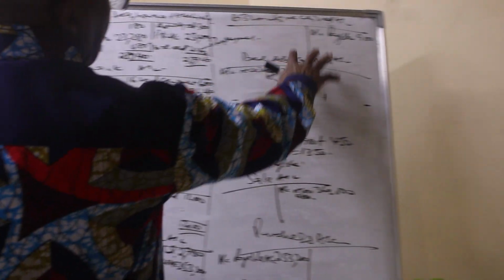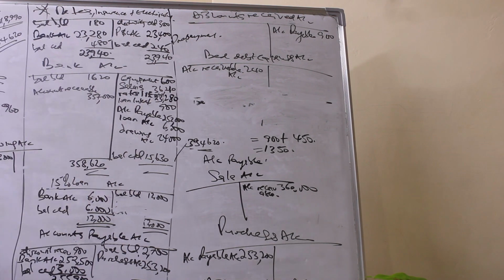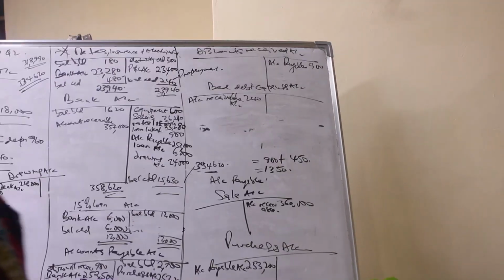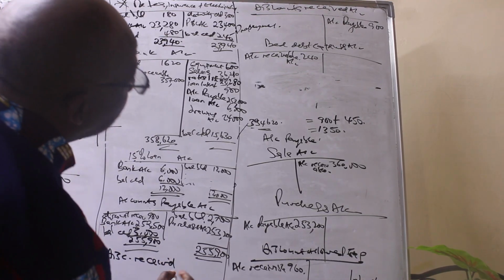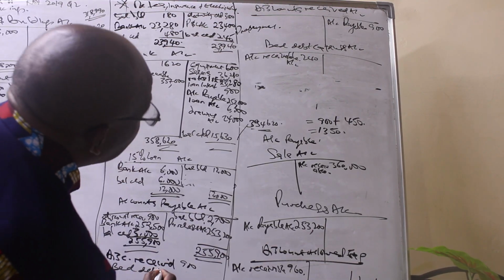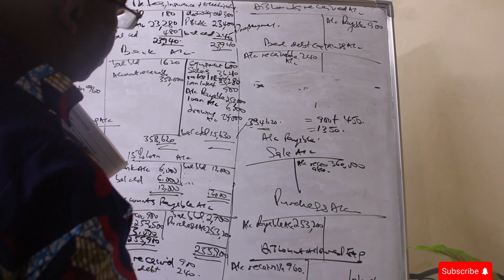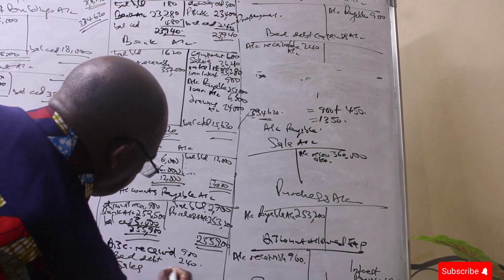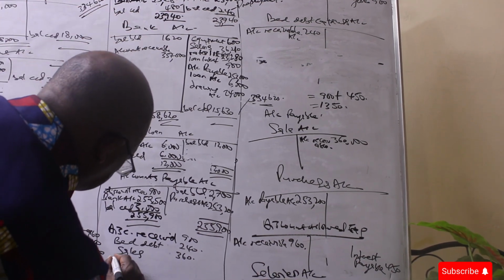So I want to capture these balances here so that I will not lose them, so that I can use that place for preparation of the income statement and balance sheet. So discount received is an income amounting to 900. Bad debt is an expense amounting to 240. Sales 360,000. Purchases 253,200.